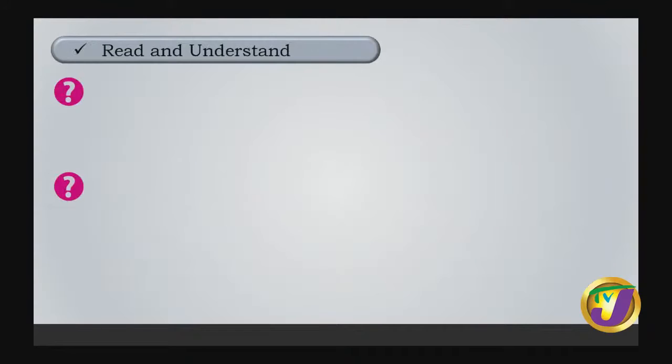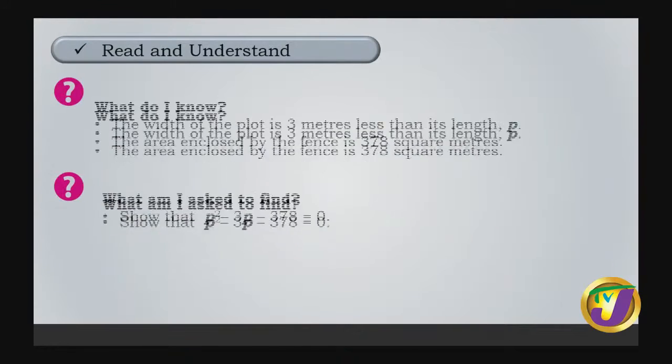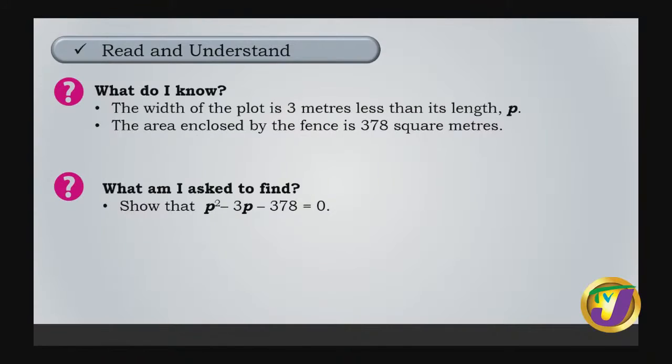Step 1. We read and understand. What did we understand? I know that the width of the plot is 3 meters less than its length, and the length is P. The area enclosed by the fence is 378 square meters.